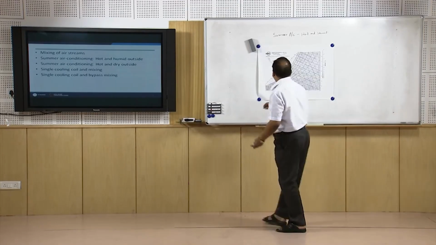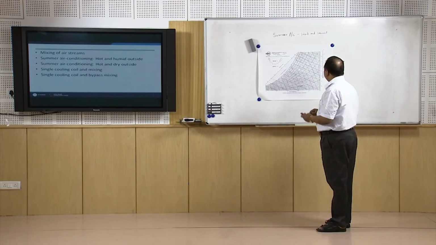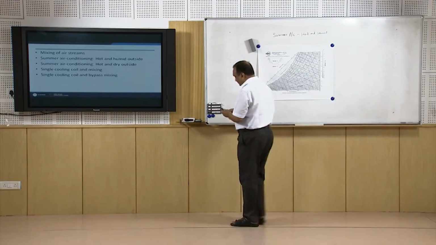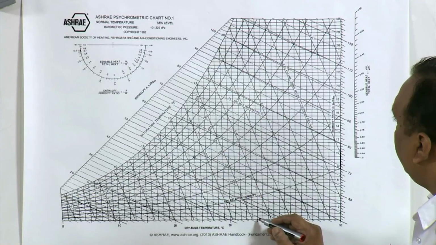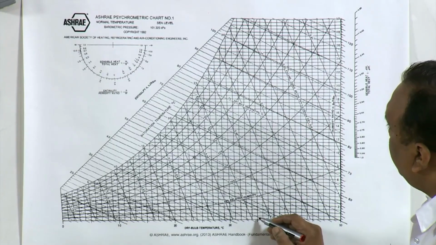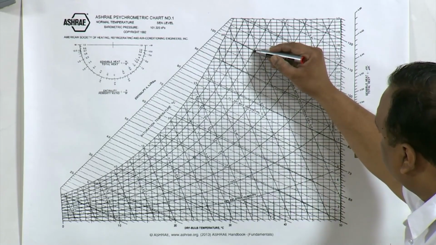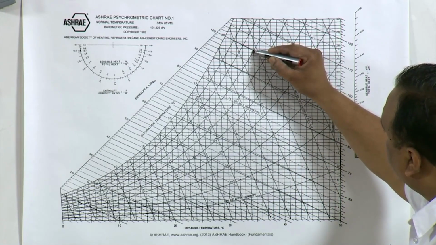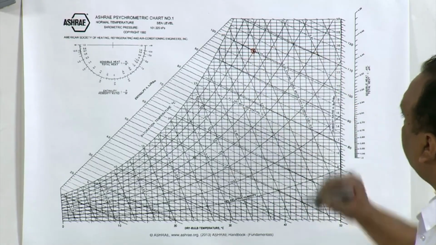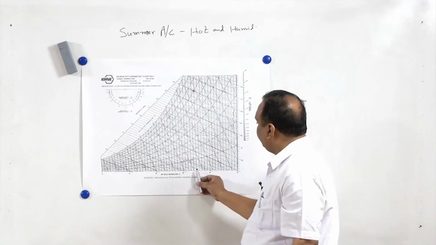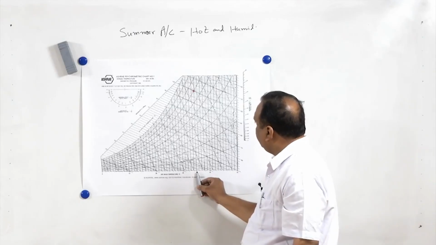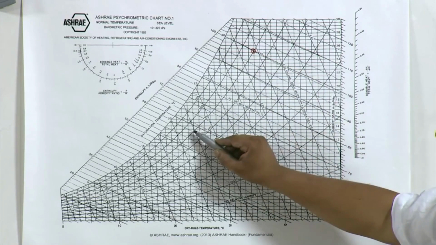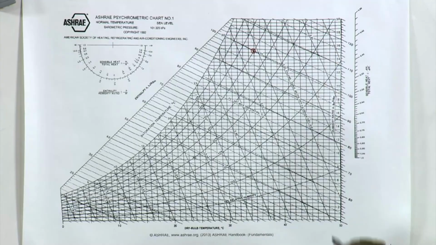Now, for hot and humid climate, let us take some value for dry bulb temperature, we can take 35 degrees centigrade and humidity may be 70%. That is a typical coastal climate. Dry bulb temperature or outside temperature is 35 degrees centigrade and relative humidity is 70%.